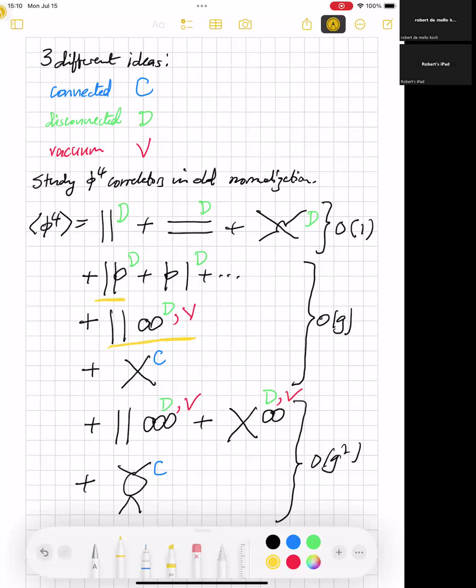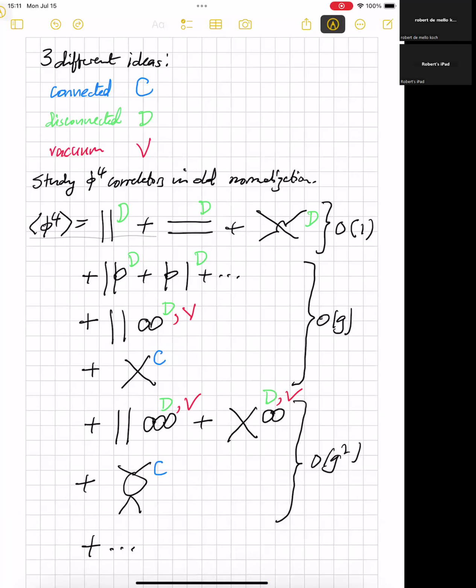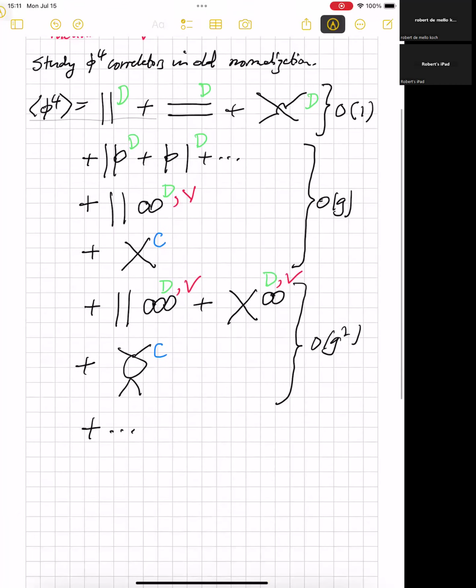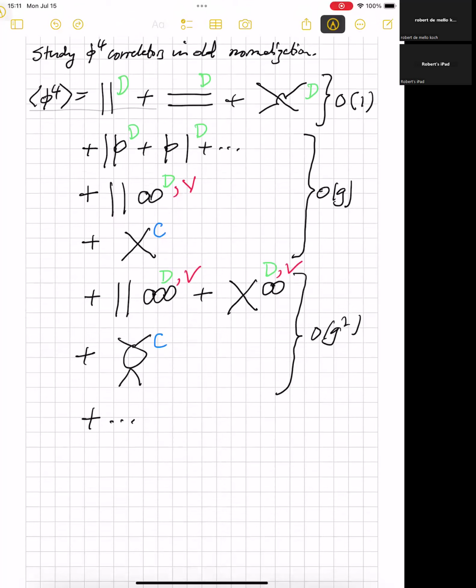Okay, so we've now labeled everything as connected or disconnected, and everything had to be either connected or disconnected. And we've gone further and we've picked out the diagrams that were vacuum diagrams. Okay, now notice something. So there's a rule here, and I think it's good to state this rule explicitly because sometimes there is a little bit of confusion here.